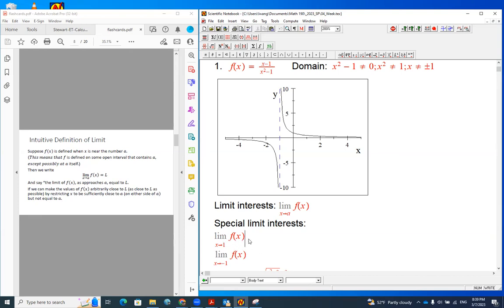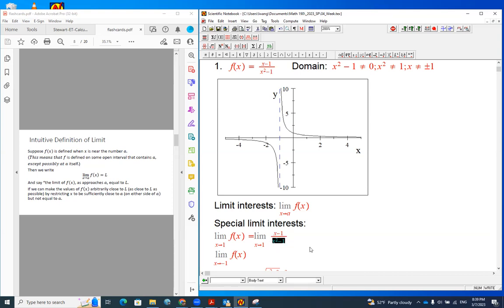Then what do we do? We work with this rational function: x minus 1 over x squared minus 1.